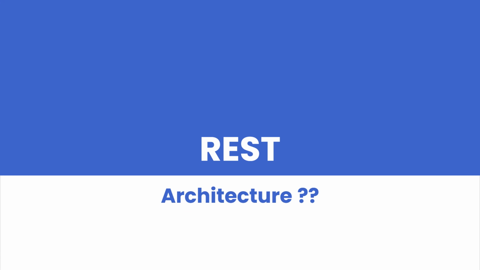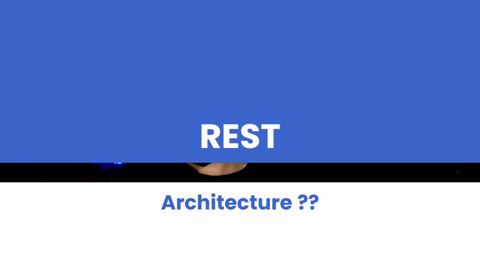Okay, now what is REST architecture? REST architecture enables you as a developer to design and develop your APIs according to the industry standard. REST architecture talks about 6 rules. These are actually guidelines. You don't have to follow them all, but there are some guidelines when you are designing the API.